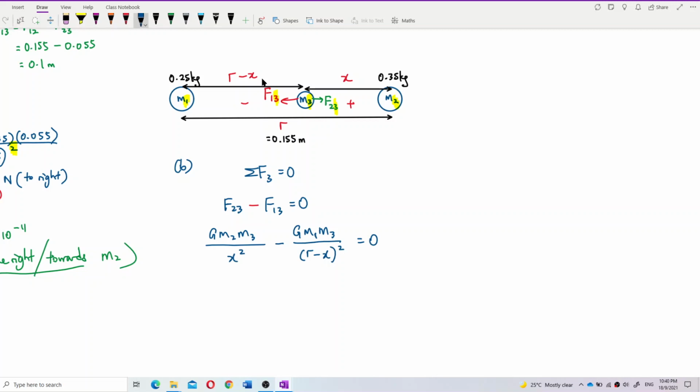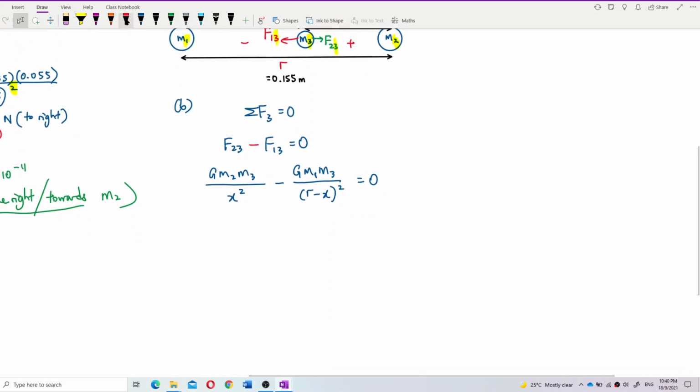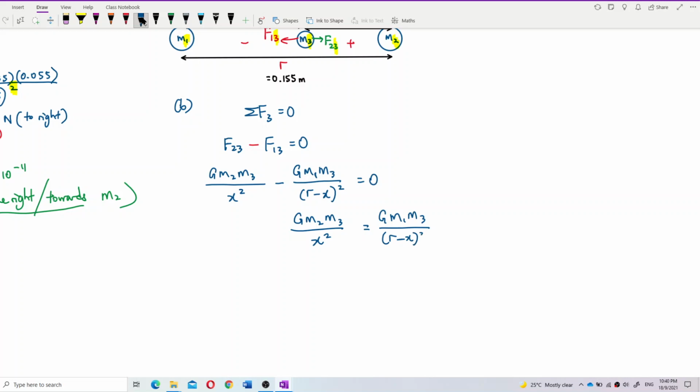This one can go to the other side, and this negative becomes positive. Watch closely how I do it. So this becomes G mass 2 mass 3 over x squared, and this one is G mass 1 mass 3 over r minus x squared.